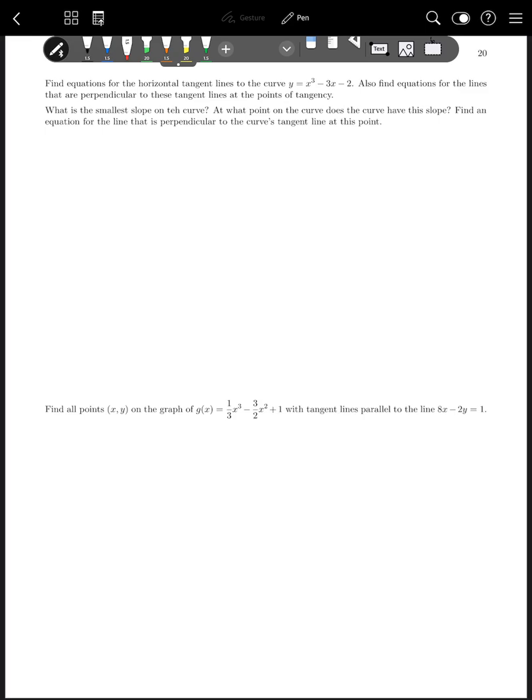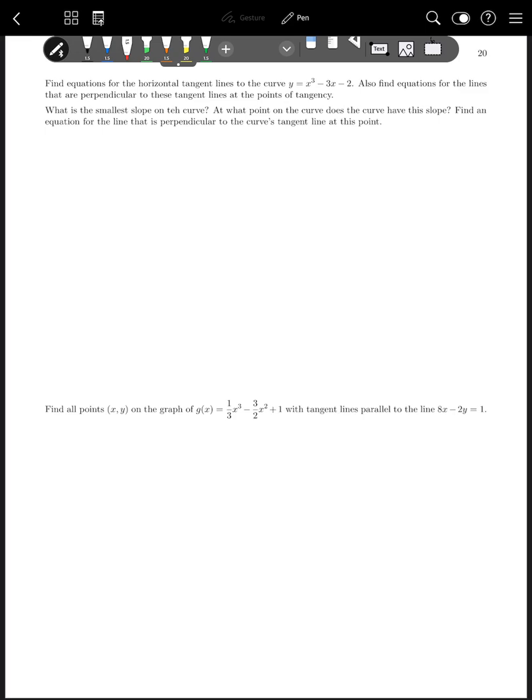Also find equations for the lines that are perpendicular to these tangent lines at the point of tangency. What is the smallest slope on the curve? And at what point on the curve does the curve have this slope? Find an equation for the line that is perpendicular to the curve's tangent line at this point.